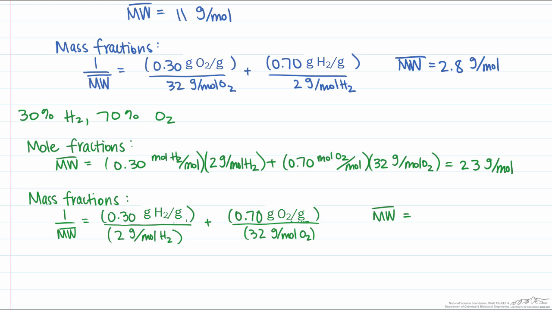Here, when we do the mass percents, our average molecular weight is 5.8 grams per mole. Again, considerably smaller than when we calculate it with mole fractions, but it has also gone up because there is more of the higher molecular weight component.